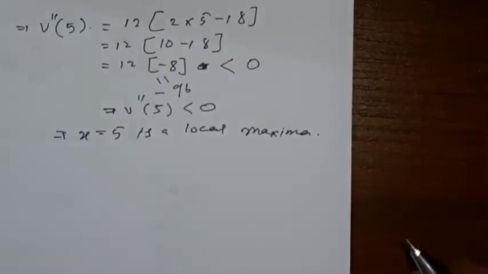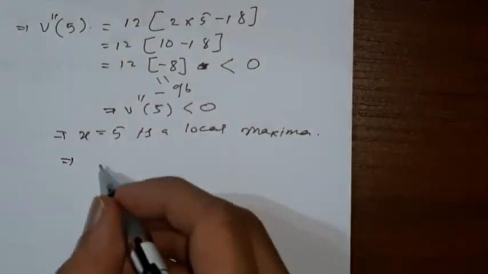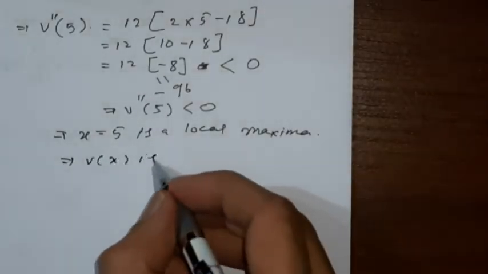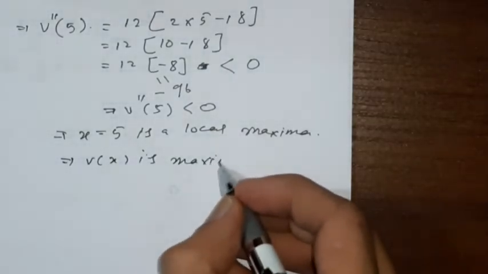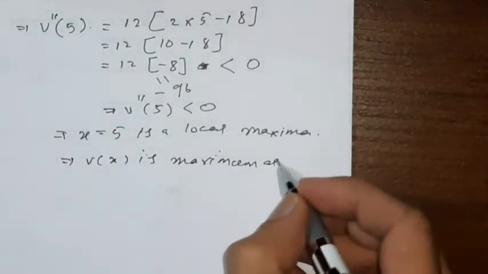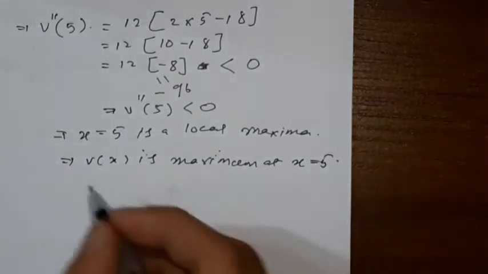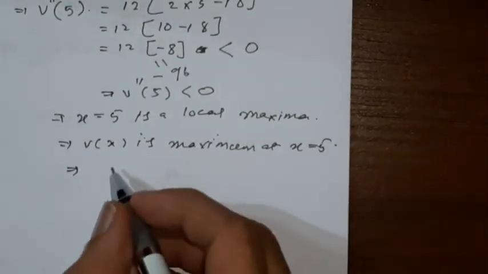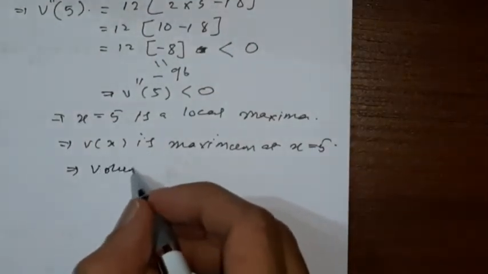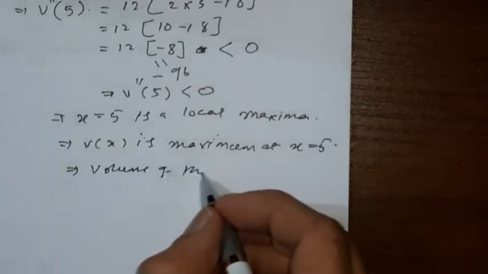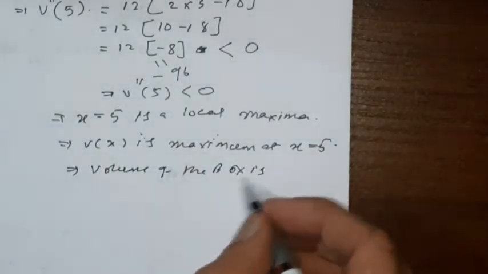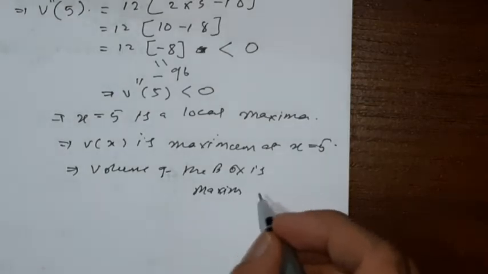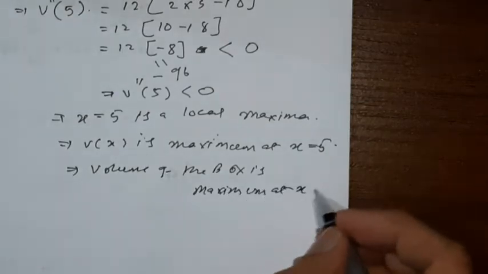Which means the V(x) function is maximum at x equal to 5. Now what is the V(x) function? It is nothing but the volume of the box. So the volume of the box is maximum at x equal to 5.